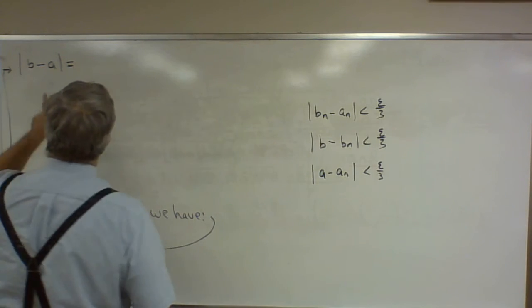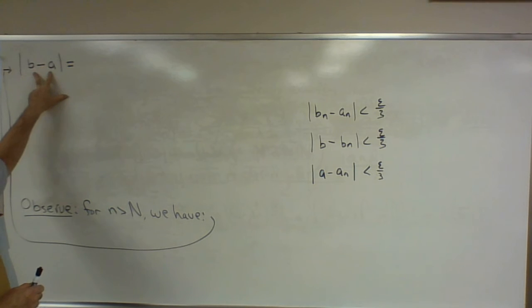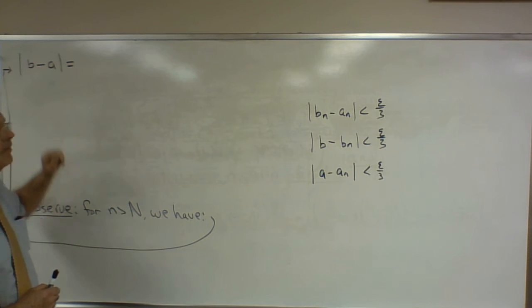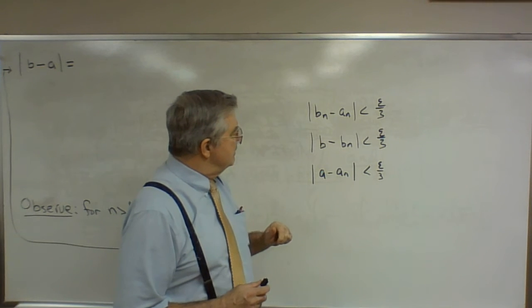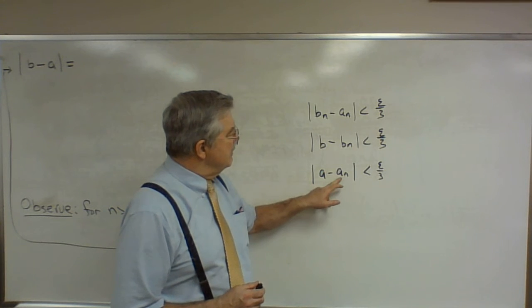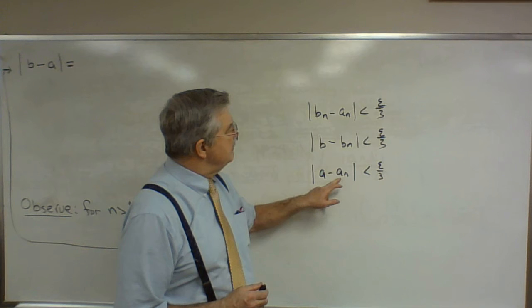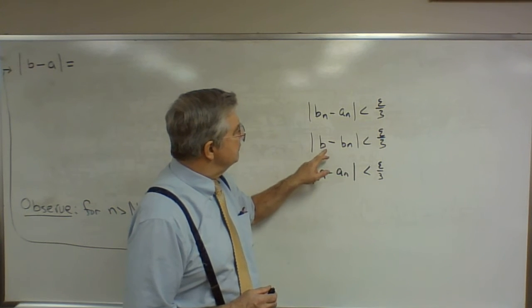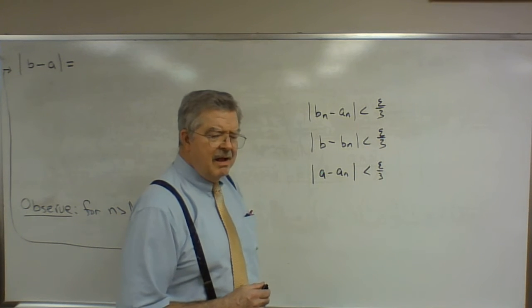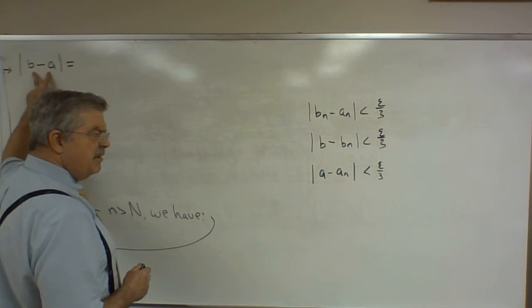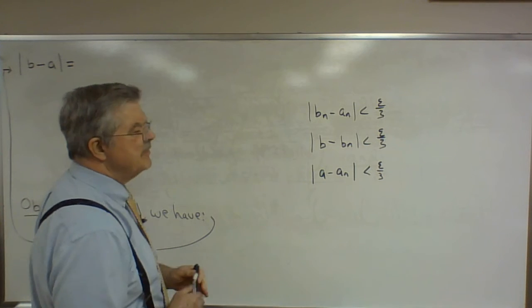Somehow, I'd like to relate b and a to one another, but I can't relate b and a to one another because a is only in reference to a sub n, and a sub n has reference to b sub n, and b sub n has reference to b. But b and a, you know, one's the greatest lower bound, the other's the least upper bound.